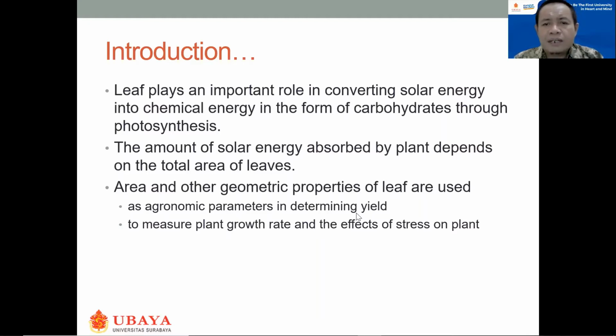In general, area and other geometric properties of leaf, including length, width, and perimeter, are used as agronomic parameter in determining the potential of yield from a plant. Those properties are also used to measure plant growth rate and the effect of stress on plant.